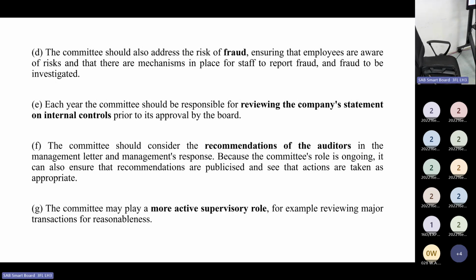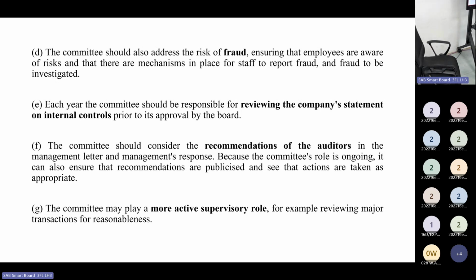The committee should also address the risk of frauds, ensuring that employees are aware of risk and that there are mechanisms in place for staff to report fraud. Since we are focusing on internal controls here, the staff needs to be very aware of frauds, what the punishments are, and what ways they can raise it if fraud is happening.